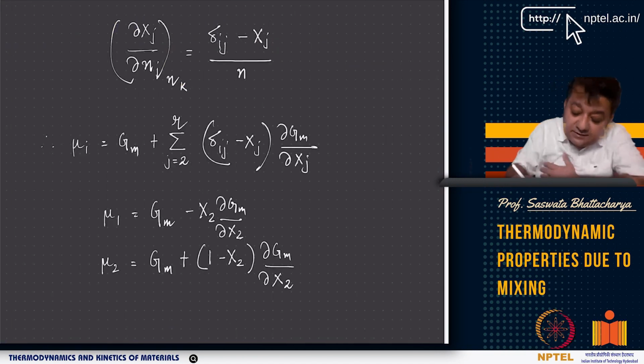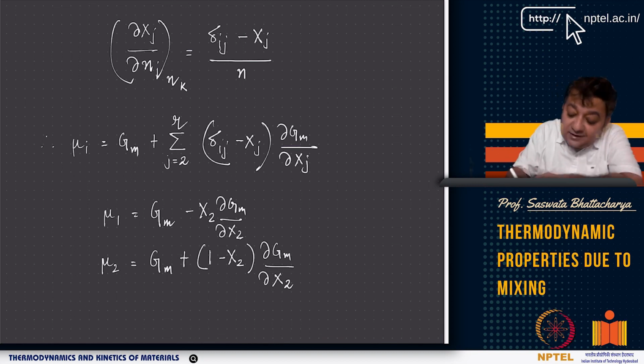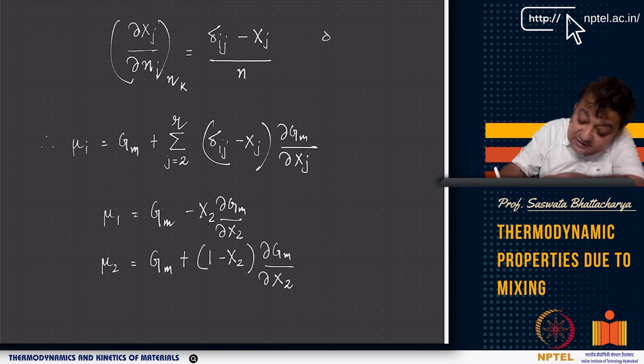Then del xj del Ni is a Kronecker delta. What I am doing is expanding this proof to systems with more than two components. So it becomes delta ij, the Kronecker delta. Remember, delta ij equals 1 when i equals j, and equals 0 when i is not equal to j.